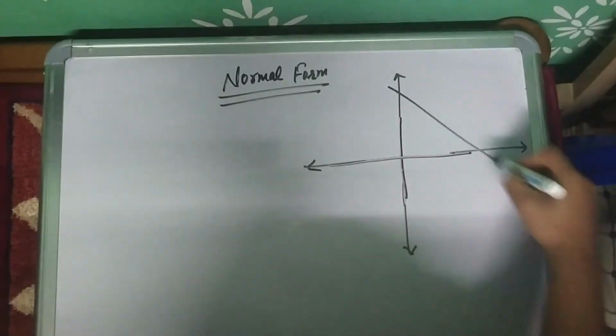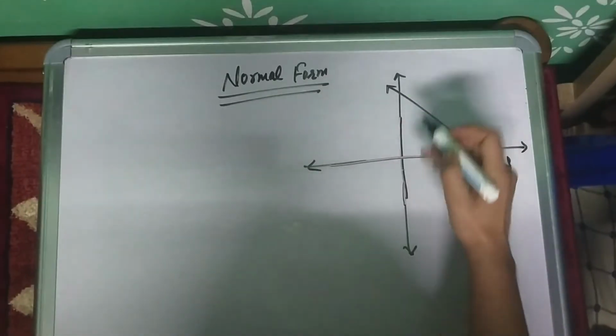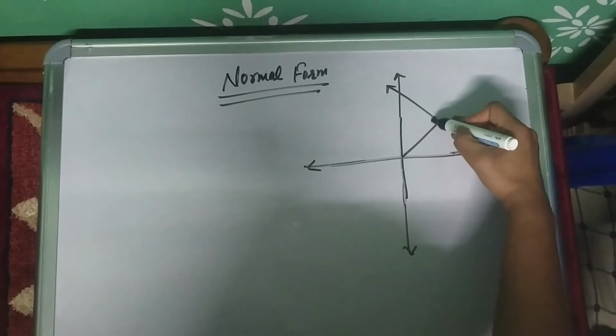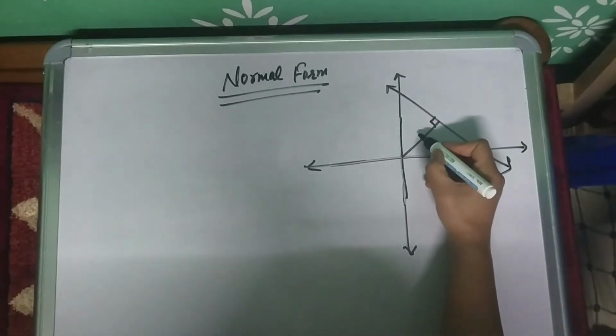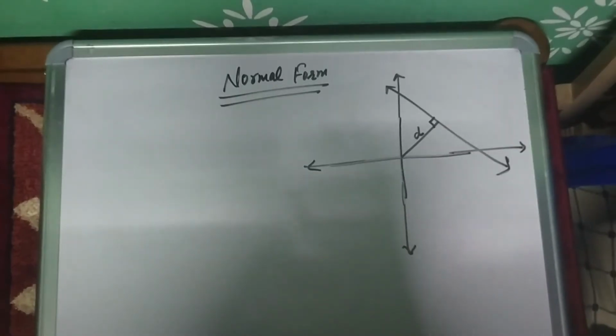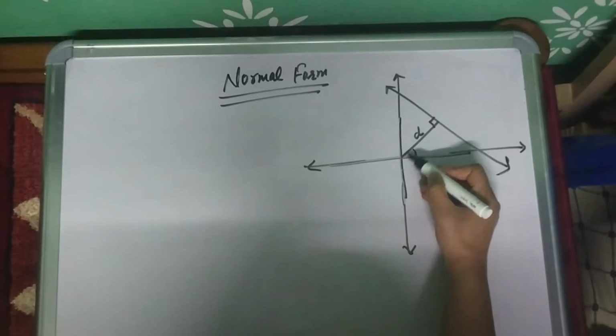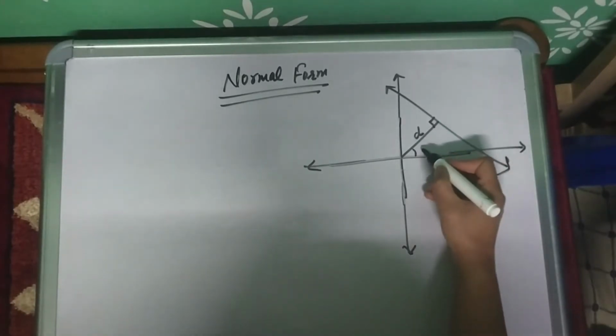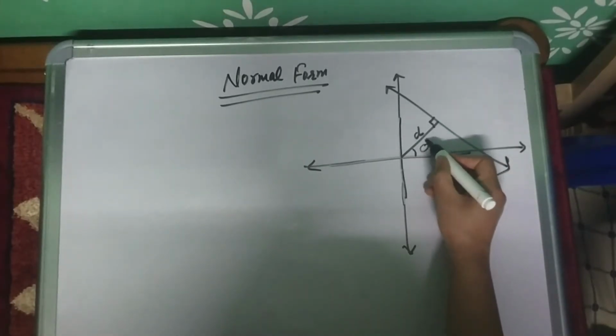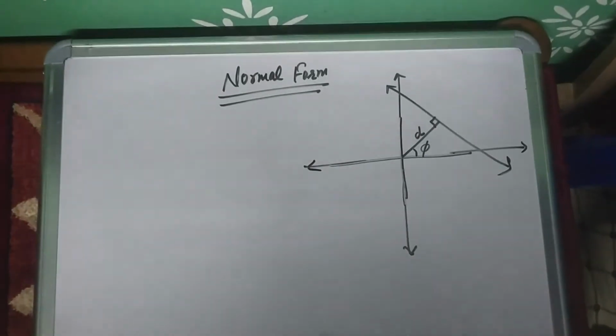So I am taking a simple equation of the line, and the perpendicular distance to the line is this. So what will be given to specify the line? The distance from the origin and the angle made by the perpendicular with the x-axis. Let it be phi.